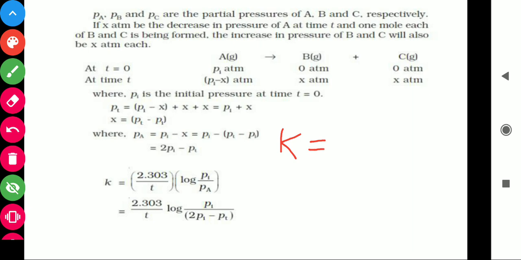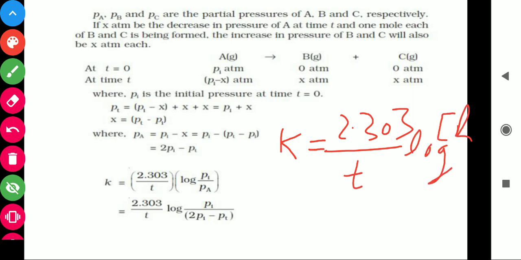Now, if we compare the equation of reaction when these are in terms of concentration, means not gases, they are in the form of solution, then k is equal to 2.303 upon t log R naught by R. R naught is initial. Here initial pressure is P1. So in place of R naught we will keep P1, and the remaining concentration of reactant after reaction is R, and the pressure is PA.